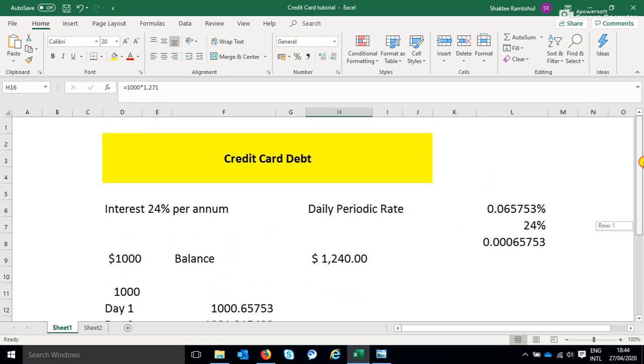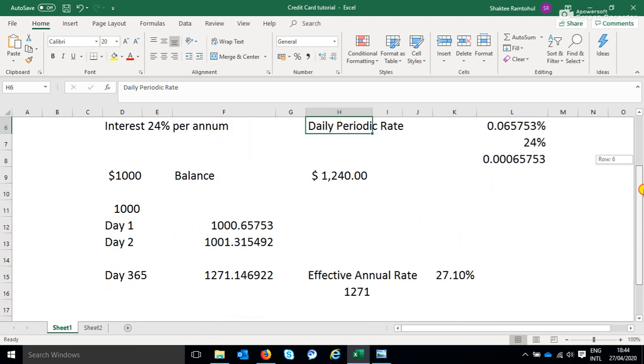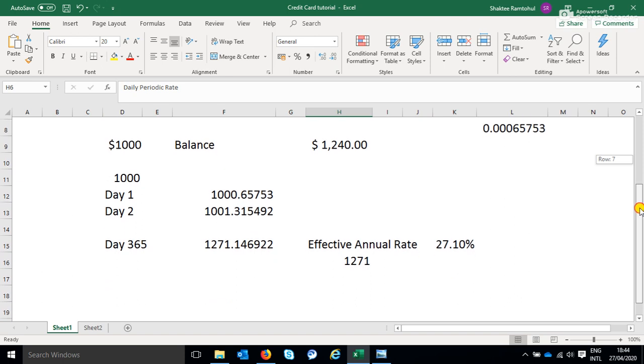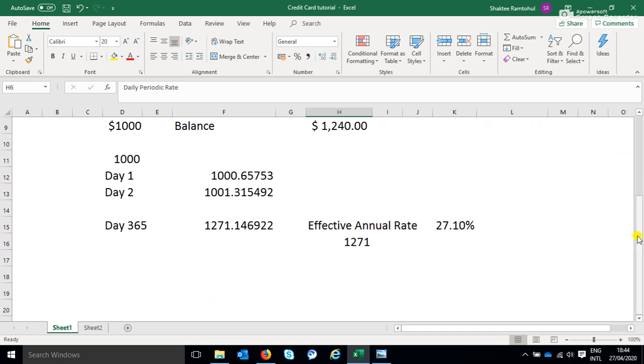So you have to be careful about the credit card and the banks that you apply to for the credit card, and especially the daily periodic rate, because that means they are compounding interest on a daily basis. Now, this is just a simple idea. It doesn't mean all banks do it this way.